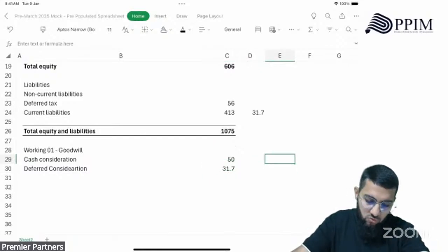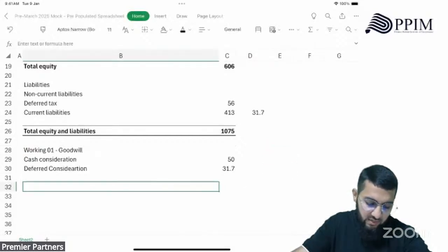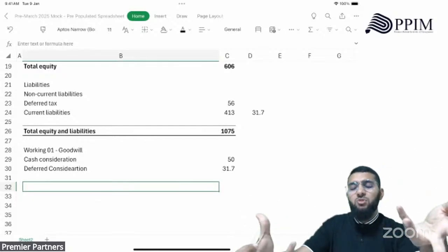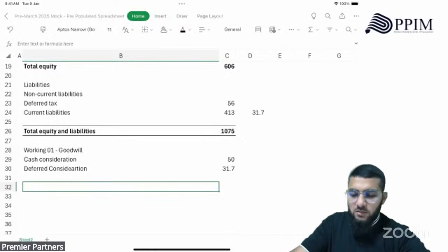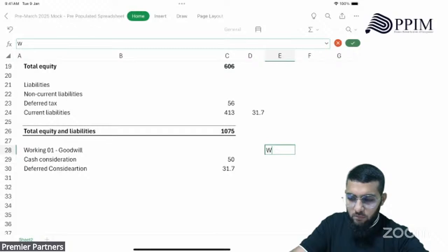Now let's do, or we can even do sub workings, working 1.1, 1.2. However you do the working, it's fine. So let's do it as working 2. I'll use W instead of writing in full. Unwinding cost.